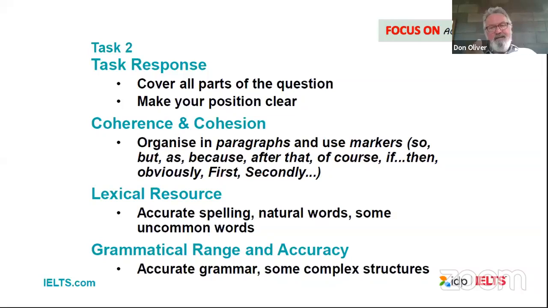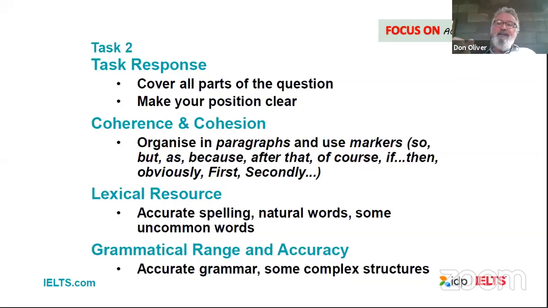Use markers, use words that connect ideas. So, but, as, because, after that, of course, if, then, obviously, first, secondly. These are the words that the examiner is looking for to give you a high score for coherence and cohesion.